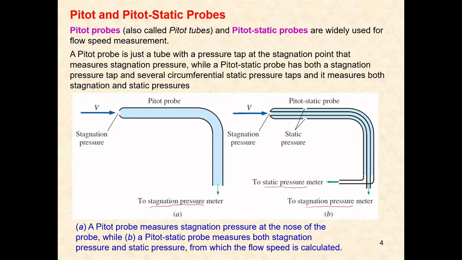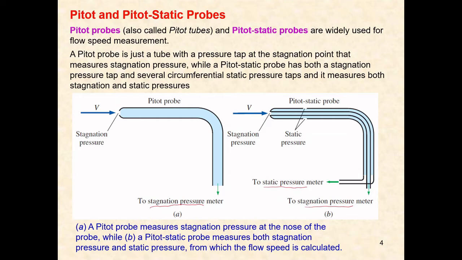While a Pitot static probe has both a stagnation pressure tap and several circumferential static pressure taps. So what is the difference between stagnation pressure and static pressure? The incoming fluid has velocity, and the fluid itself has both velocity and static pressure.